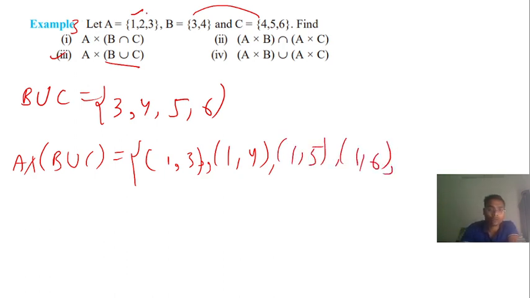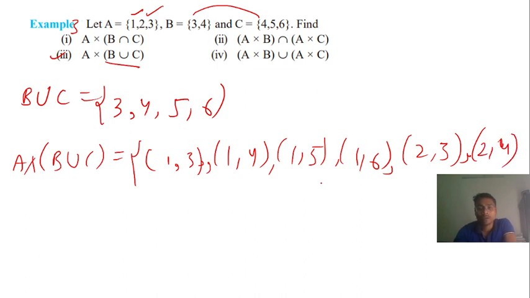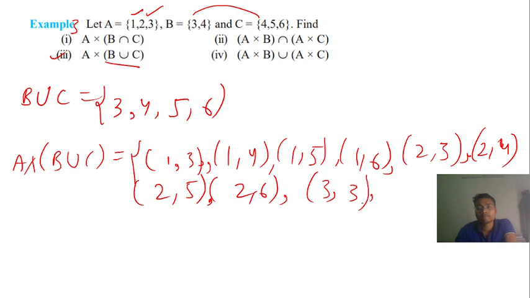Now coming to 2: 2, 3, then 2, 4, then 2, 5, then 2, 6. Now for 3: 3, 3, 3, 4, 3, 5, and 3, 6.